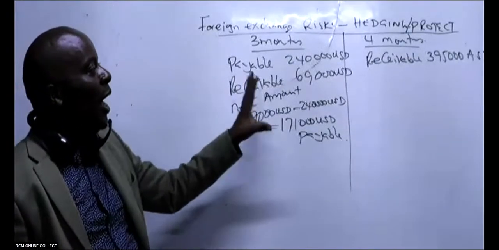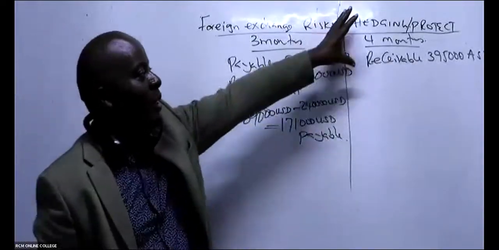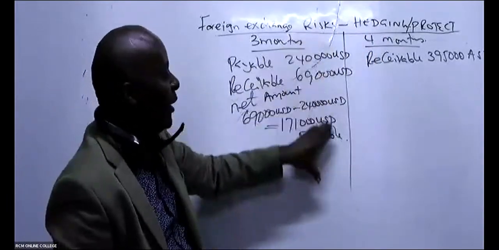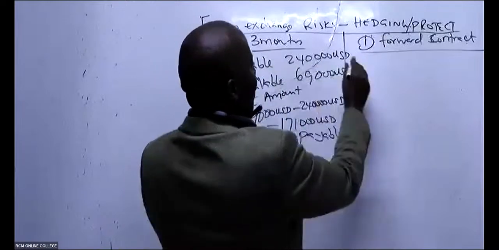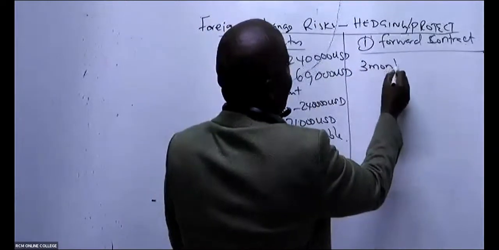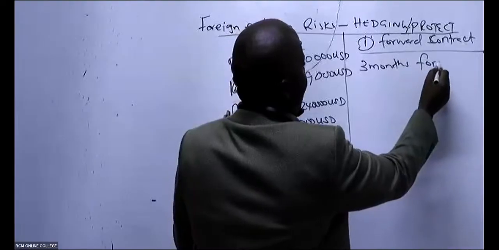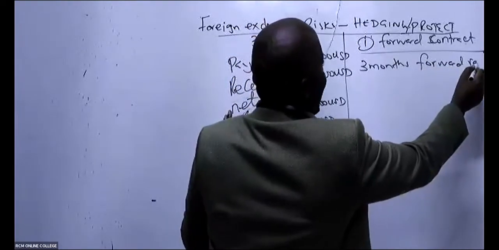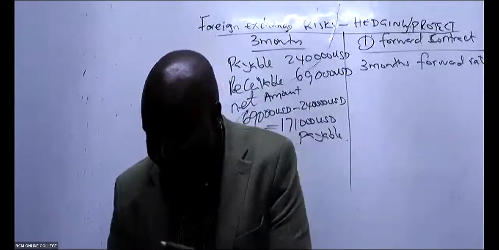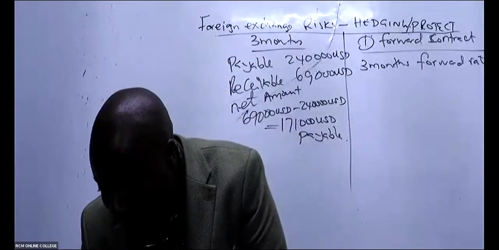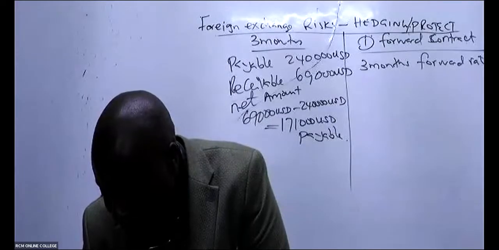My good students, please listen to me very well. When it comes to hedging, protecting ourselves, we'll handle 3 months to the very end, and then we need the forward. So remember, these are 3 months. So you need the 3 months forward rate. Has this 3 months forward rate been given by the examiner? Yes, good question.